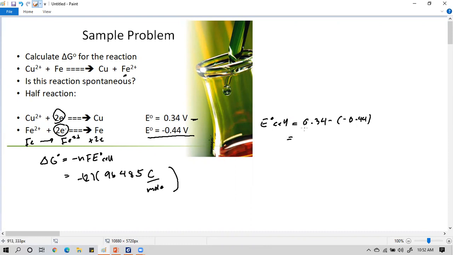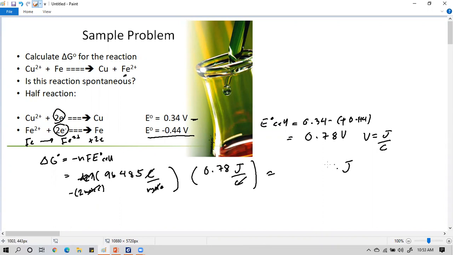So, volts, that is magiging positive to, 0.78 volts. So, ilalagay mo na siya dito, 0.78, whereas volts is equals to joules per coulomb. So, lagyan mo dyan na joules per coulomb here. And then, dito pala sa may 2 natin, nakalimutan ko, that is 2 moles electron. So, maka-cancel, matitira yung joules.